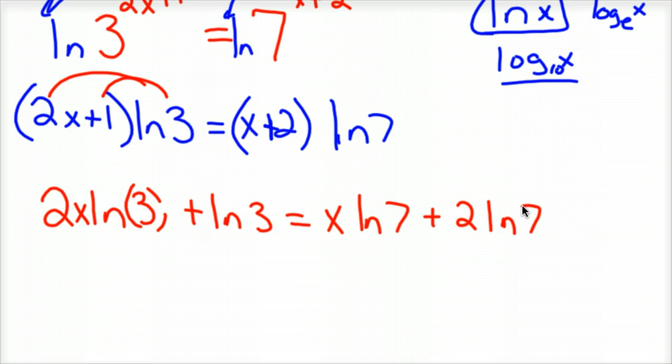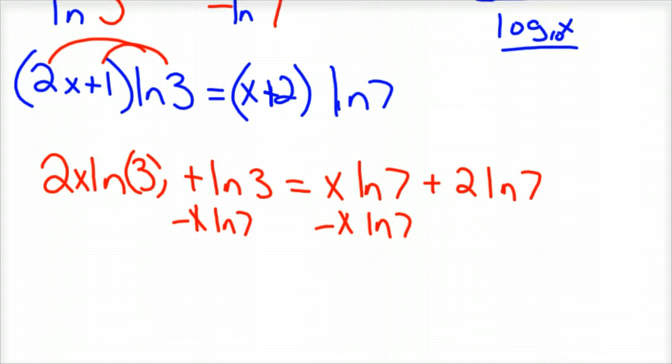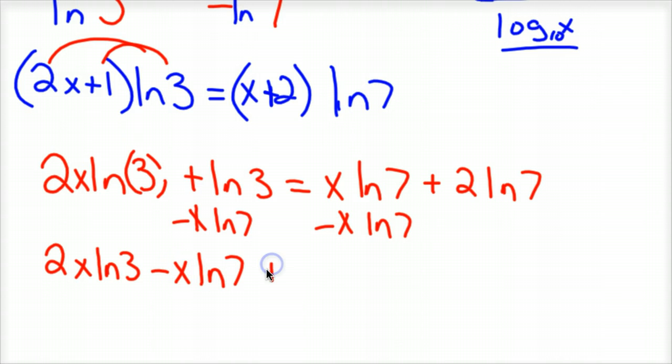Okay. So, like I said, we're going to get our x's to the left, numbers to the right. So we need to move this x natural log 7 to the left. So we're going to subtract it over. And since it doesn't really match any of the variables, all we'd have then is 2x natural log 3 minus x natural log 7 plus natural log 3 equals 2 natural log 7.